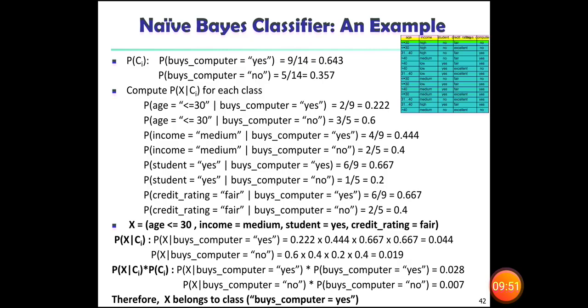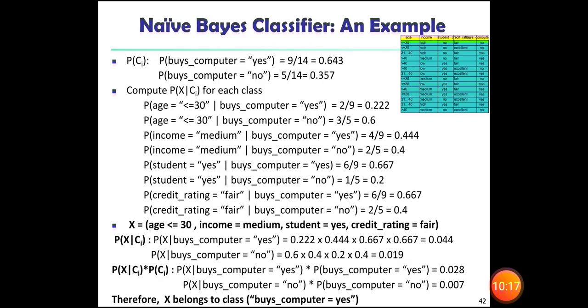Now we will see P of X given Ci, equal to P of X given computer yes. P of X given computer yes we already calculated. So all the values we have taken will be multiplied, and the final value will be 0.044.